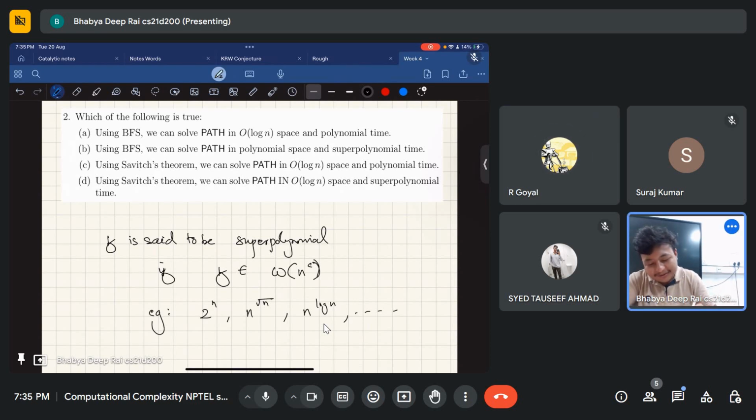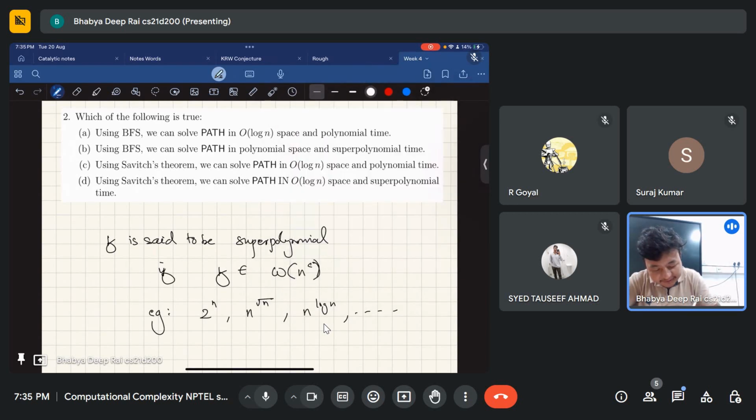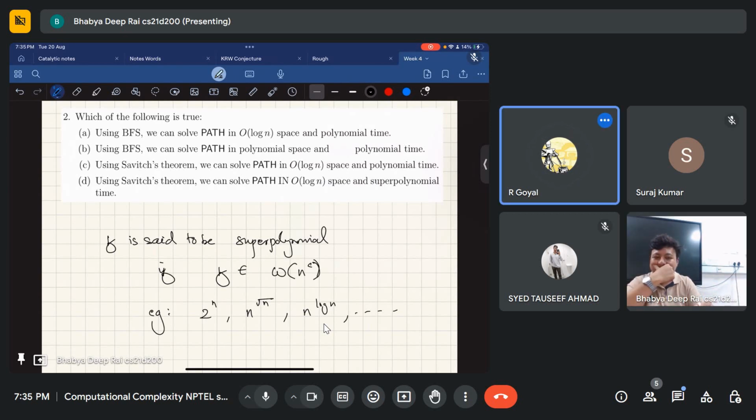Okay. This is causing a confusion, so I'll remove this part. Others, anything to say? Yeah, go ahead.